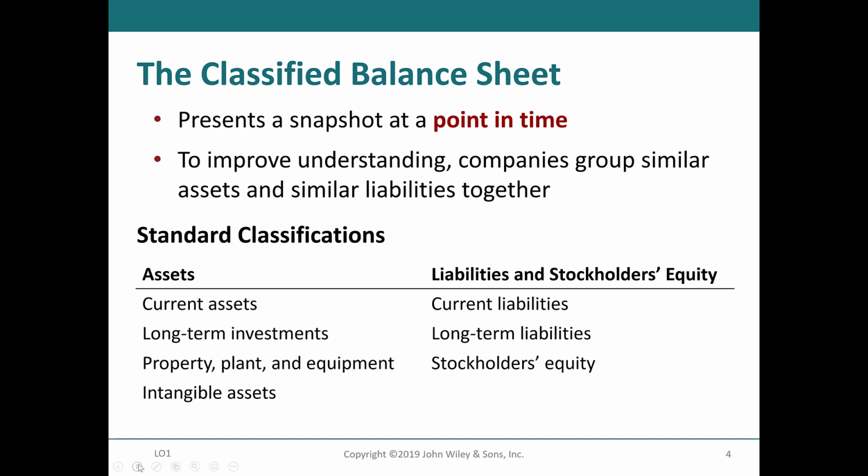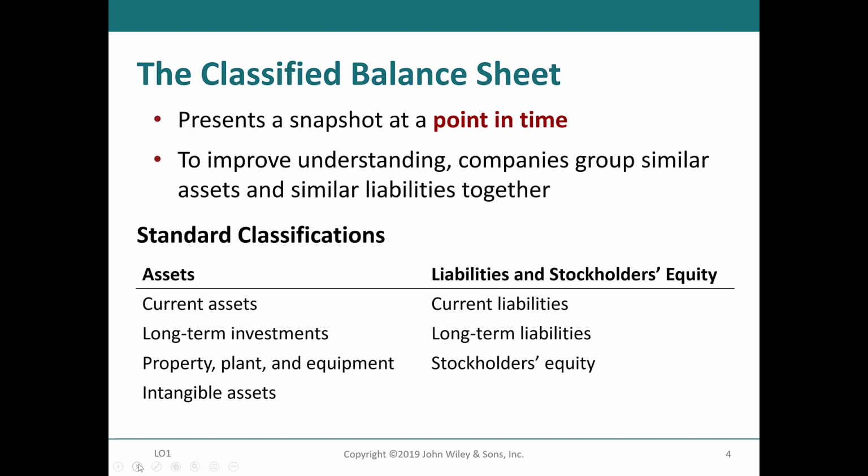Most times, companies group similar assets and similar liabilities together. This is useful because items within the groups have similar economic characteristics. The grouping helps users determine whether the company has enough assets to pay its debt, or what claim short-term or long-term creditors have on the company's total assets.